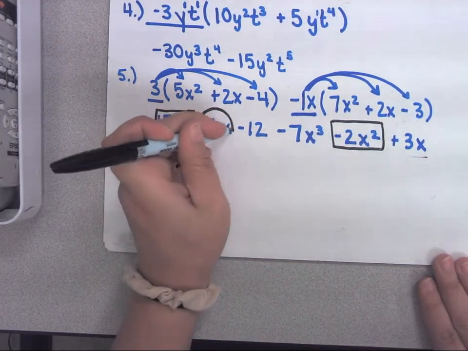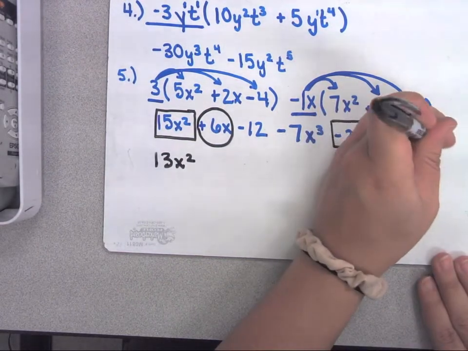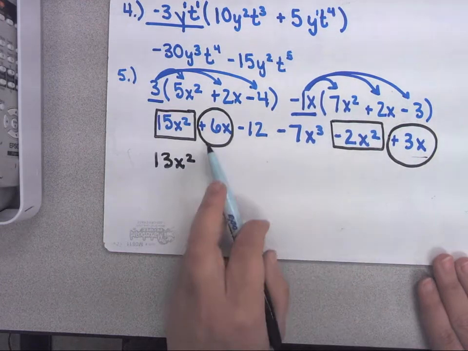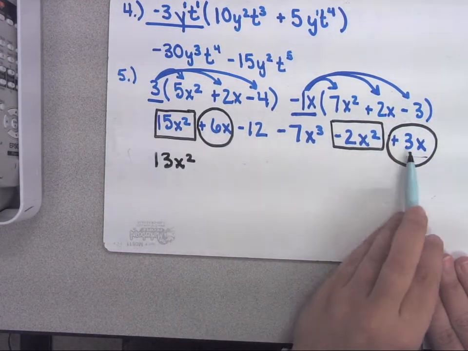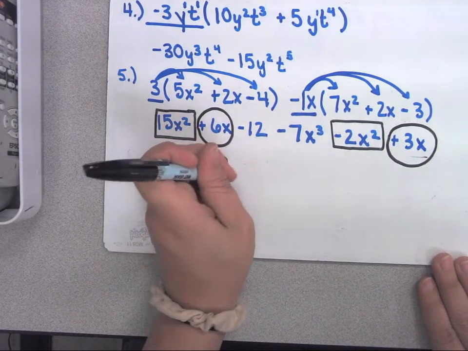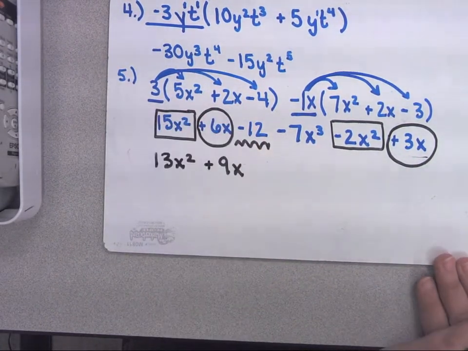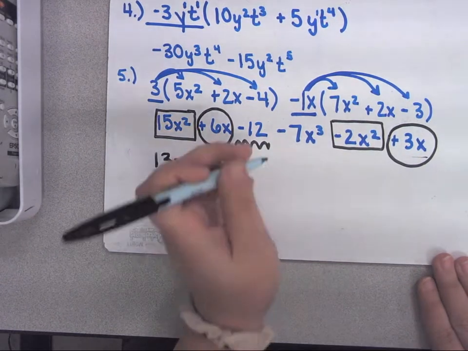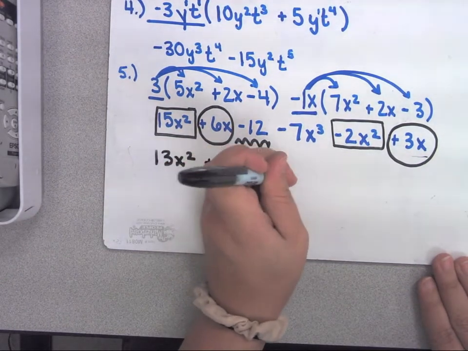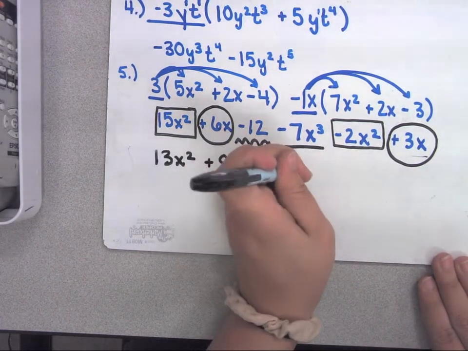Next, I see a 6x, just an x. Anything else have just an x? Yep, so I'm going to circle that. Positive 6 plus 3. Plus 9x, okay. Whole number, do we have any other whole numbers? Nope, just bring down the 12. What about the x to the third? Just bring that down also.